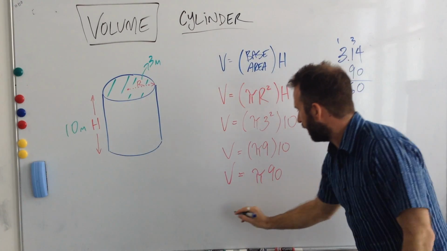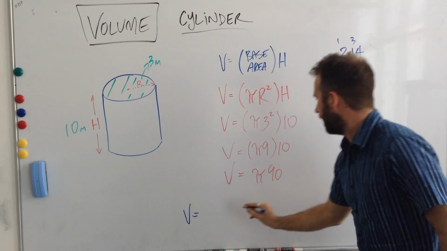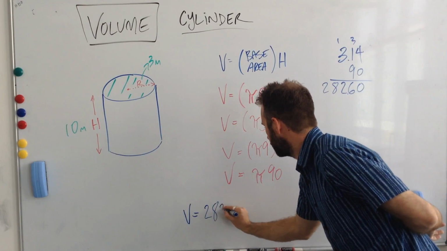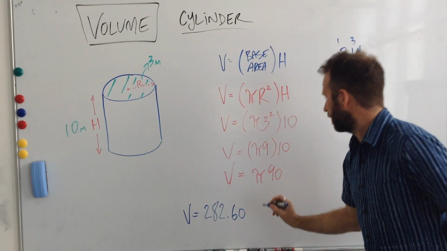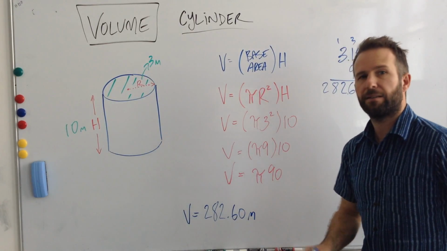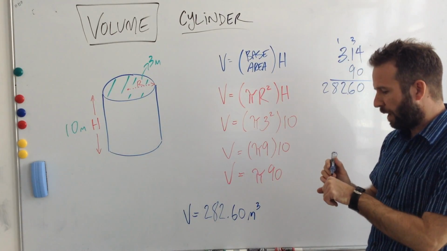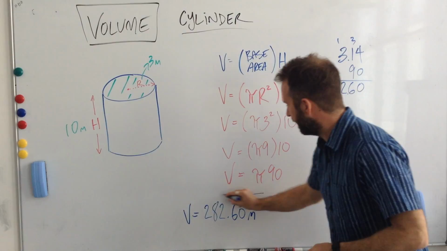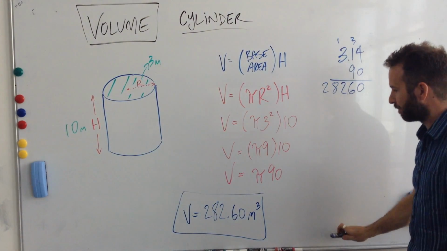So my one option is that the volume is 282.60 meters, and you guessed it, meters cubed. Okay? So that's one way, if I was to do it by manual calculation with 3.14.